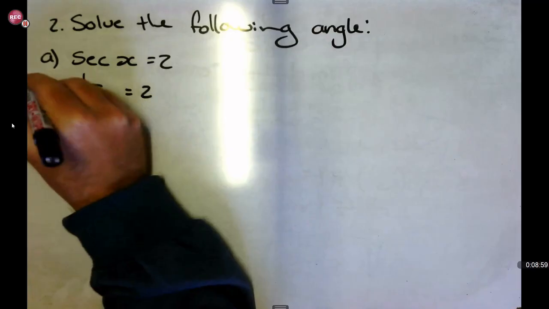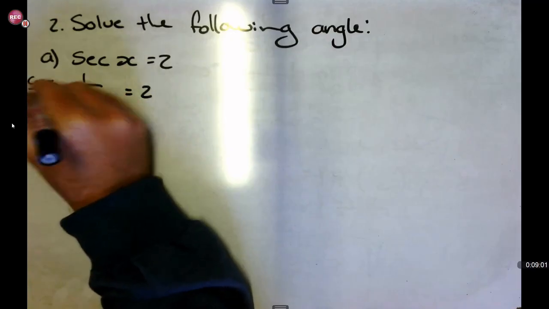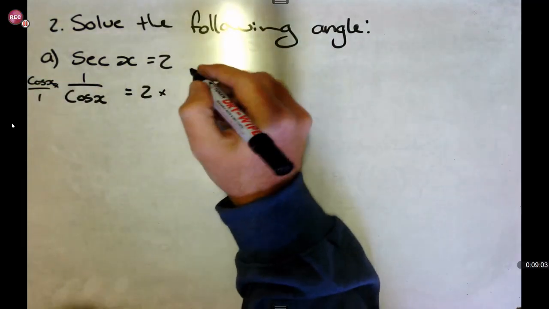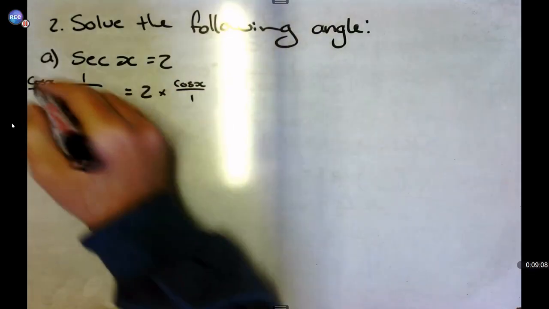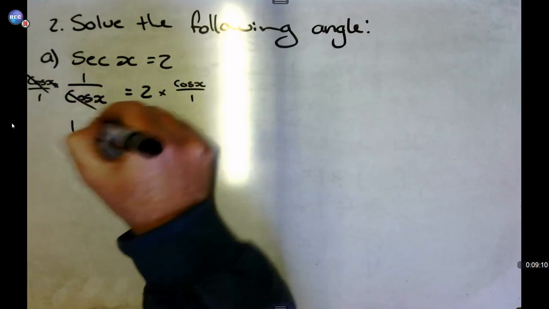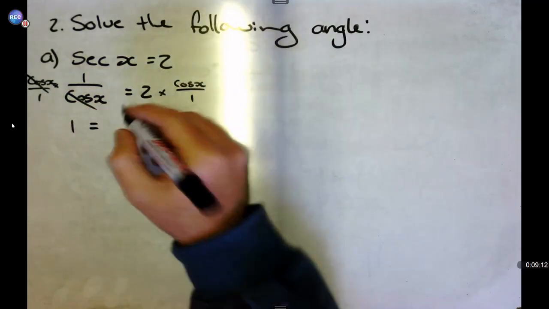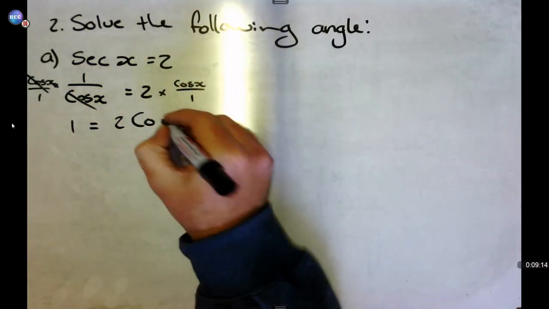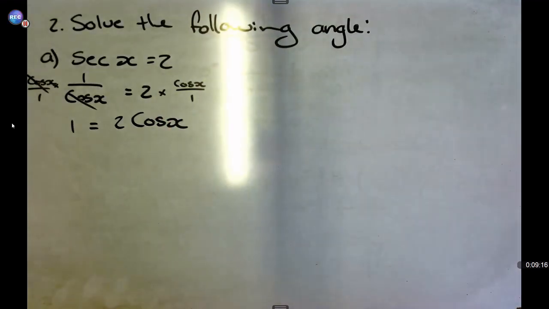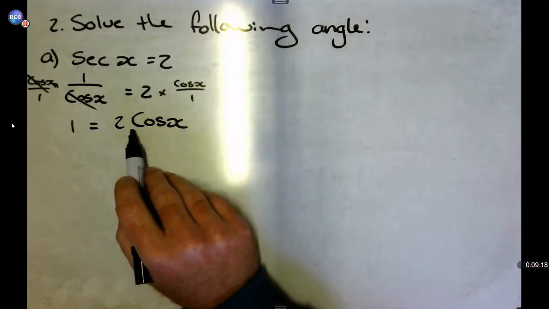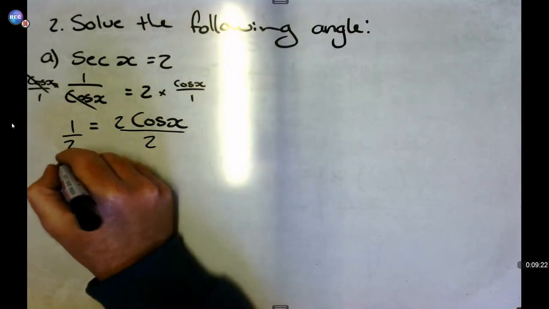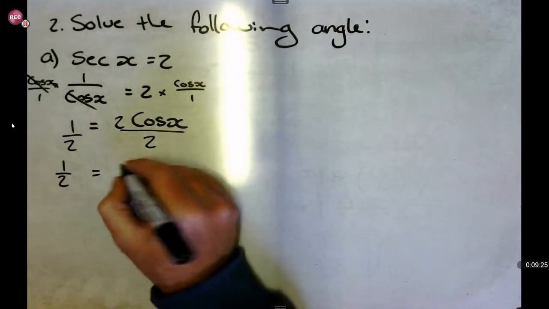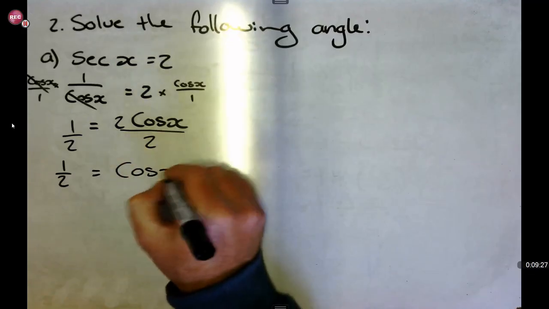So you're going to multiply by cos x over 1, and what you do on the one side, obviously you need to do on the other side. So this cancels out. On the left side you'll have 1 equals 2 cos x. You do not want the 2 over there, so you need to divide both sides by 2 to get rid of the 2. Left side you'll have a half, right side you'll have cos x.